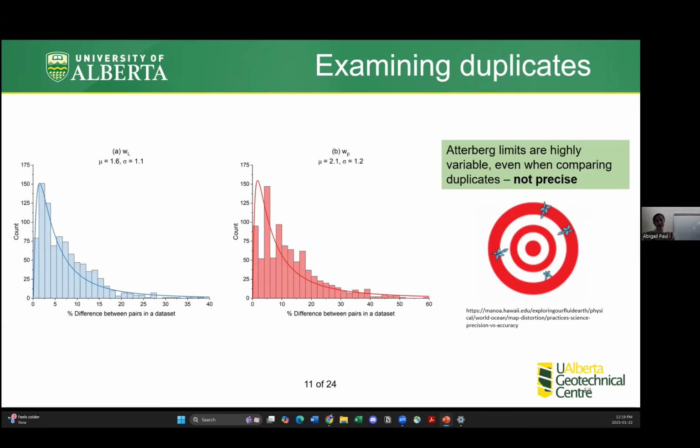So the overall conclusion here is that while I think there's still value in performing Atterberg limits tests because they're quick and they're straightforward, they capture a lot of different properties in a single measurement, because there's so much variability baked into these tests, exactly what is causing those changes, and by extension, how a change in properties will affect the Atterberg limits, can't really be reliably determined.